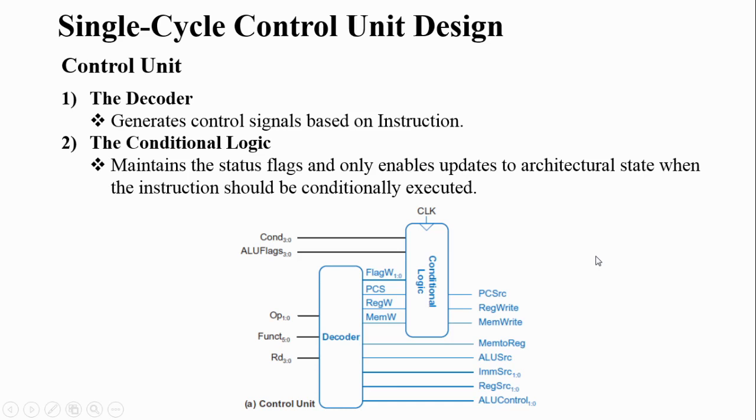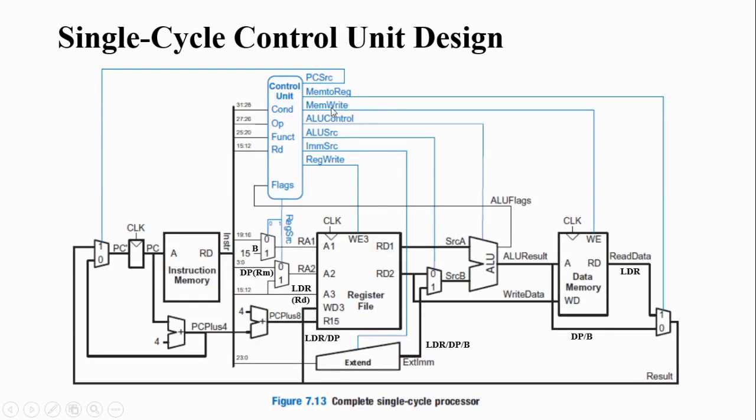So what is the function of register write and memory write? Register write is used as a write enable for the register file. Memory write is used as a write enable for the data memory. If you want to write something into data memory, you need to make memory write 1. If you want to write something in the register file, you need to make register write 1, right?